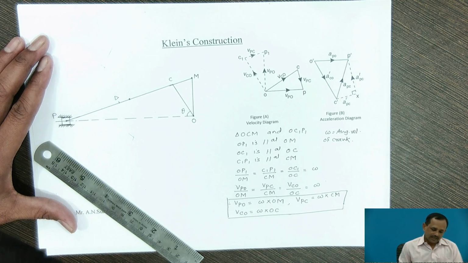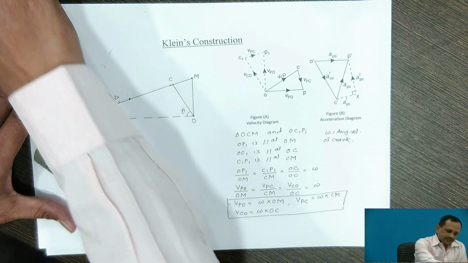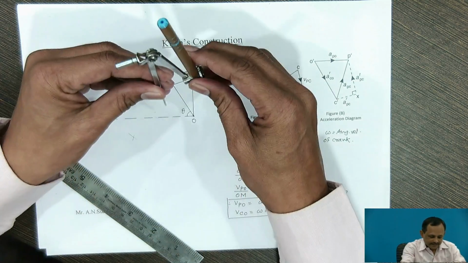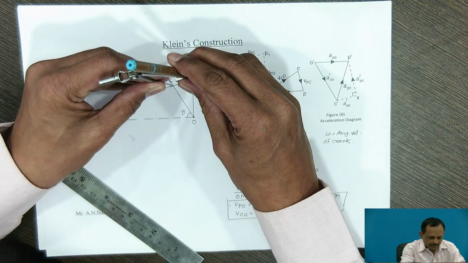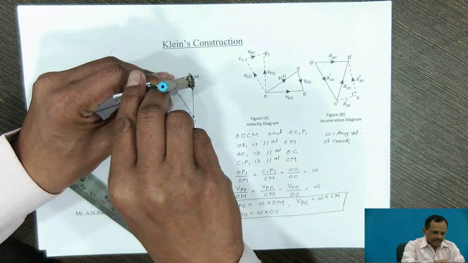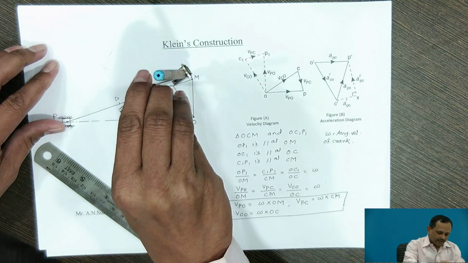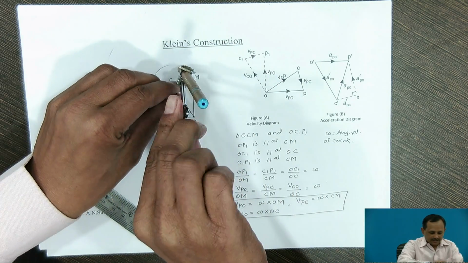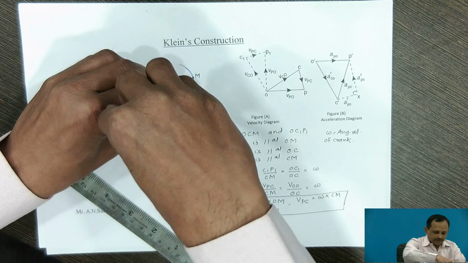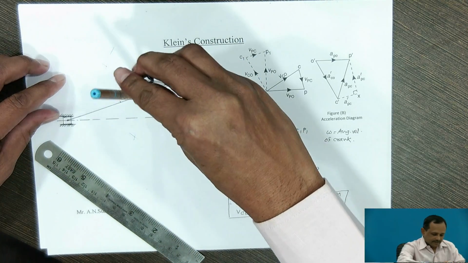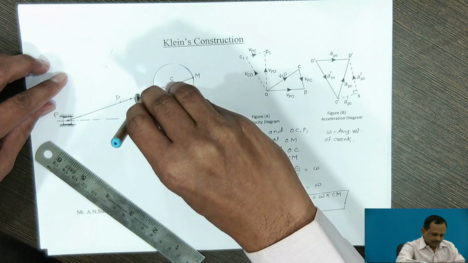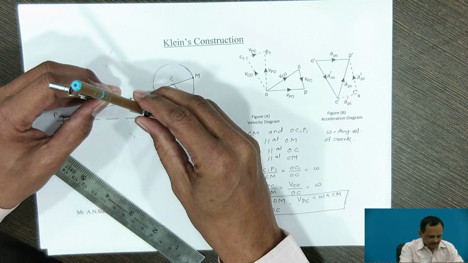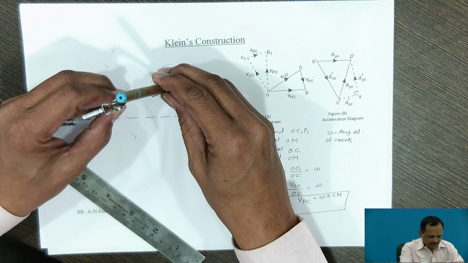Now, in order to construct the acceleration diagram, first of all, take C as center and radius equal to length CM, and draw a circle. Then, with PC as a diameter, draw another circle.